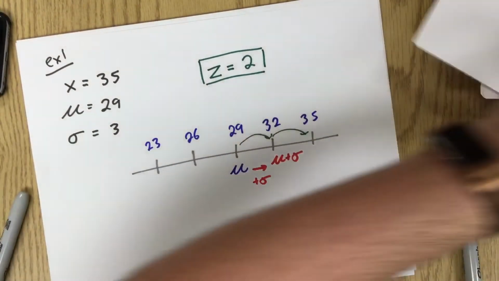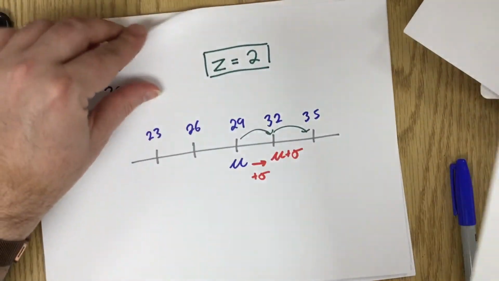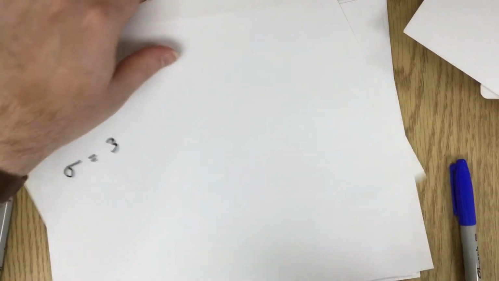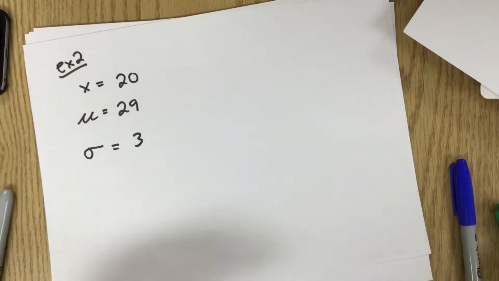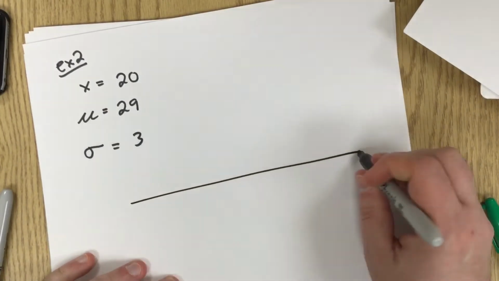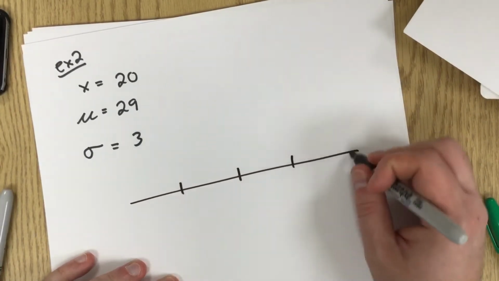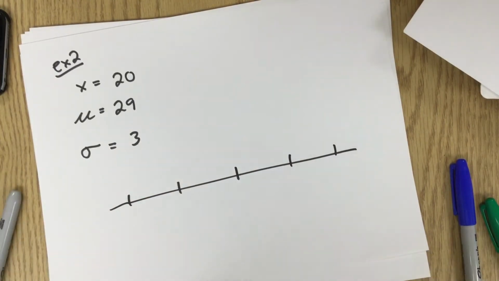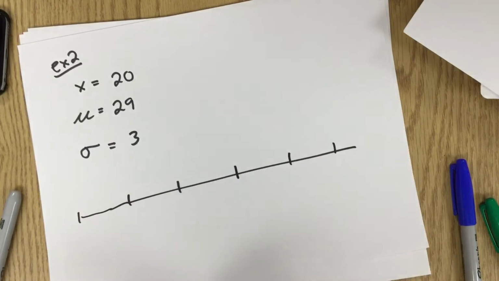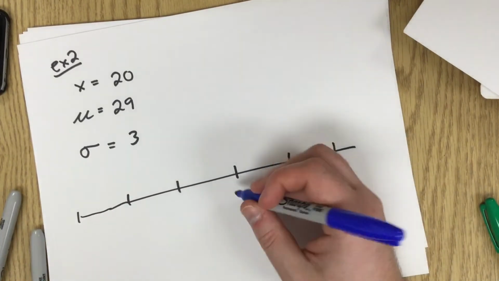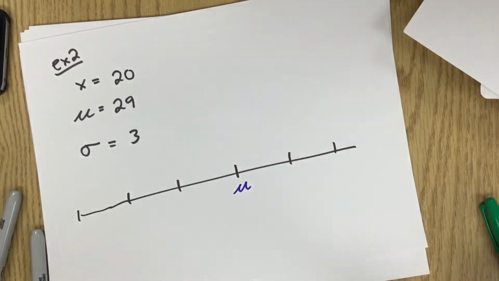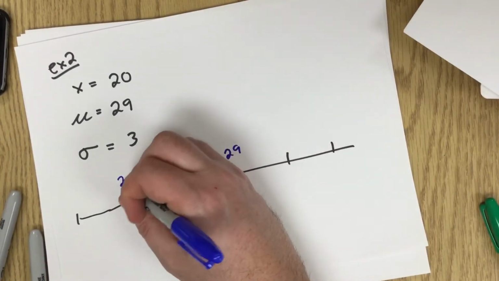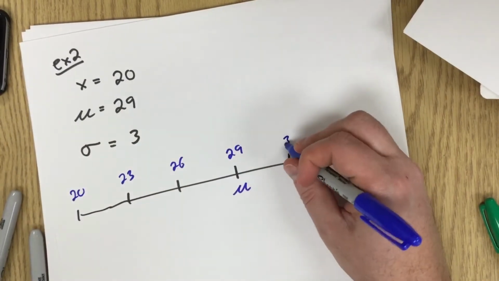Let's do another one. I kept the same mean and standard deviation, so nothing new over there. So we have our mean, and then our mean is 29, 26, 23, 20, 32, 35.